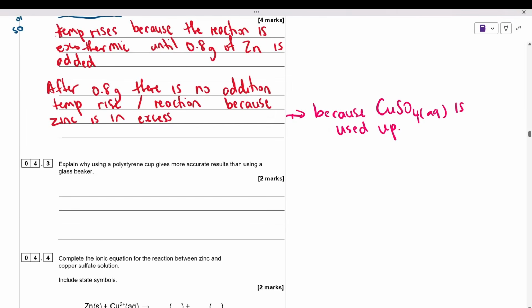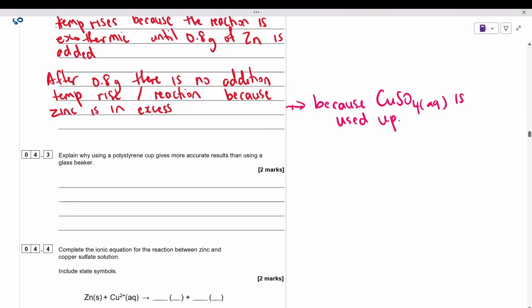Now for 4.3, explain why using a polystyrene cup gives a more accurate result than using a beaker. So this is a classic case for this required practical. Why is it that we use a polystyrene cup?